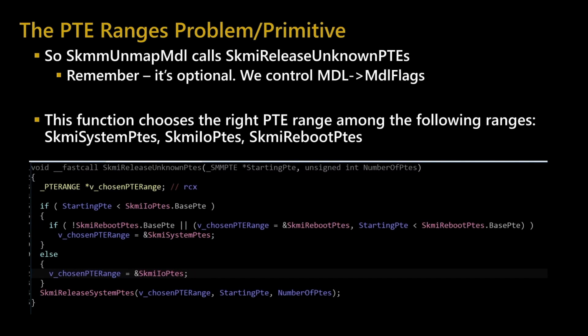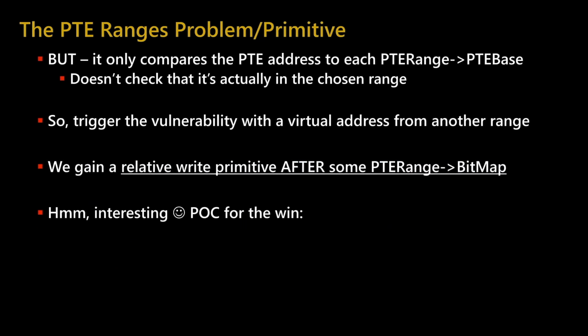And even after this function chooses one, it doesn't really make sure that the PTE address is inside the PTE range. It only checks against the base. So I can just choose a virtual address whose PTE address is outside of all of those 3 PTE ranges, set it up in the MDL, and therefore I gain the ability to write relative to the bitmap of one of those PTE ranges. So we gained a relative write primitive.